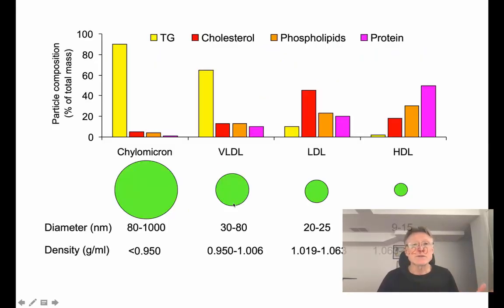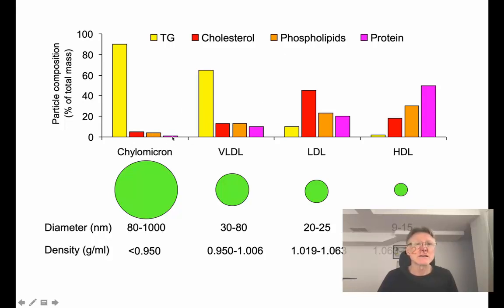And this is the composition of these different types of lipoproteins. So again, chylomicron is the biggest one, and in yellow is the composition of triglyceride. See, it's almost 90% triglyceride, very little cholesterol, approximately 5%, I would say. Phospholipids is even less than that, and protein is very little.